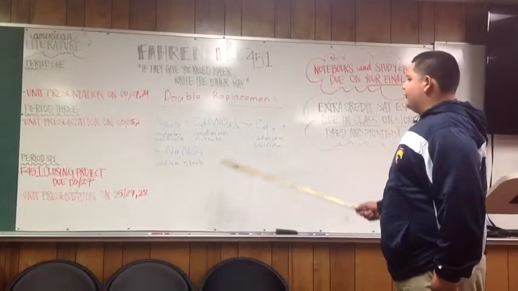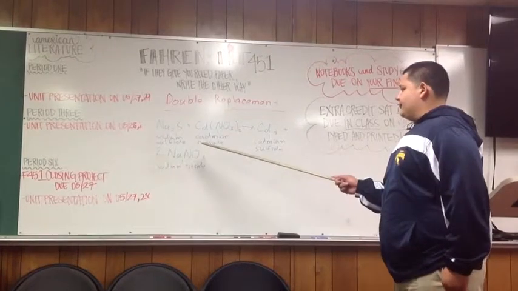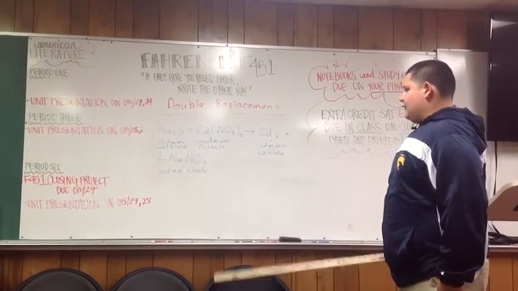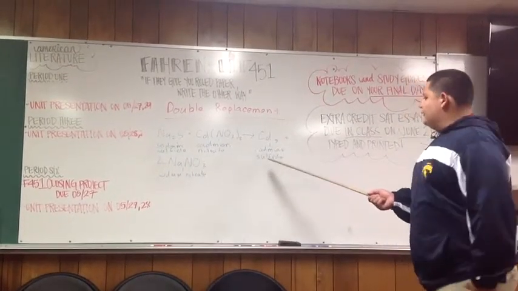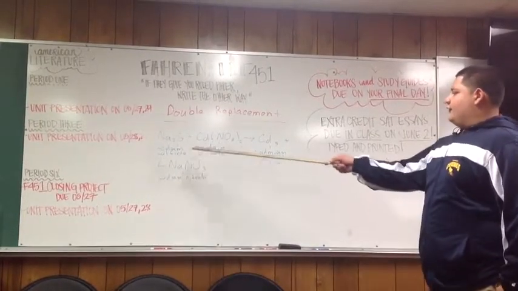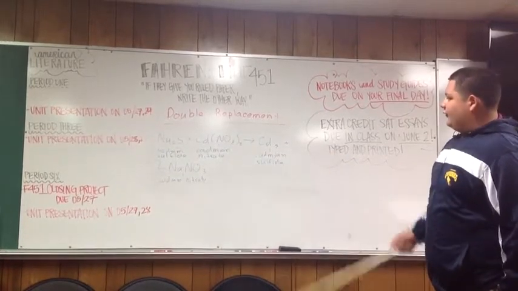Our first example of a double replacement reaction consists of sodium sulfide and cadmium nitrate being the reactants. During the reaction, the products will be cadmium sulfide and sodium nitrate. Notice how these are 2 different compounds and these are 2 different compounds.